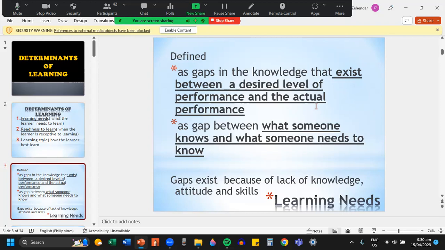Next, another definition for your learning need is a gap between what someone knows and what someone needs to know. Definitely, even as teachers, we cannot say na we are perfect. We cannot say that we know everything, which is why, especially here in the academic setting, learning is forever.